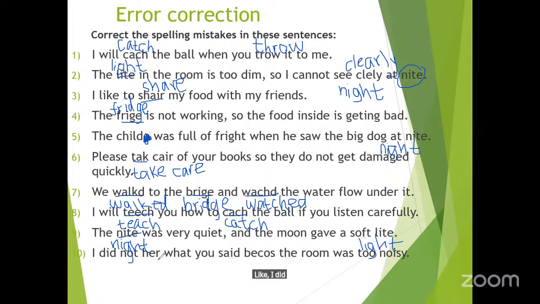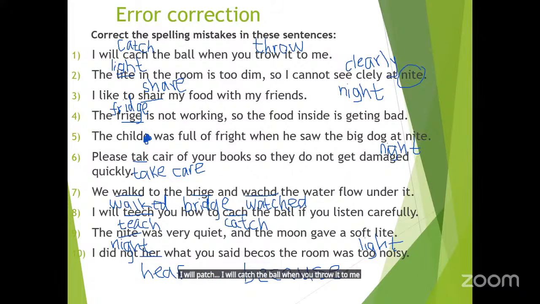I did not hear what you said because the room was too noisy. Here, H-E-A-R. Because, B-E-C-A-U-S-E, because.